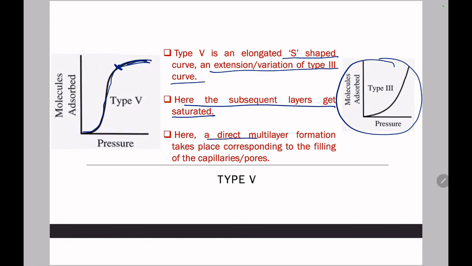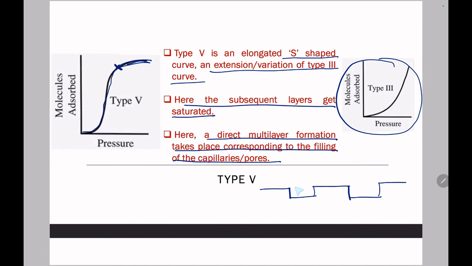Here there is a direct multilayer formation. Unlike type 4, here there is a direct multilayer formation within the capillary or within the pores of the adsorbent. So here also the adsorbent is porous material. So type 4 and type 5 adsorption are porous adsorption.